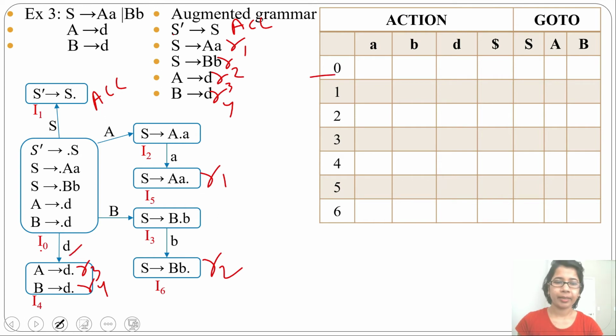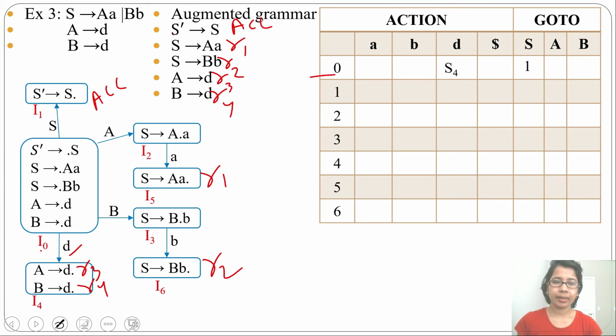From state I0, there is just one transition with terminal D, that is going to I4. So in the D column, write down S4. Then from the I0 state by S, it is going to I1. So we'll write simply 1 in the S column. In case of goto, we'll write simply the state number. In case of action, we'll write shift and the state number.